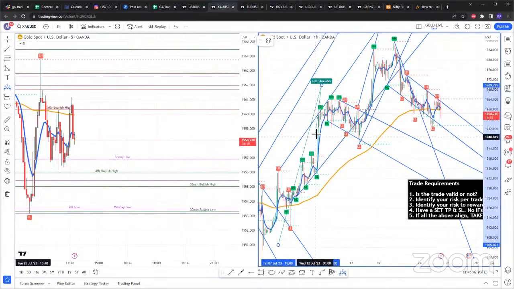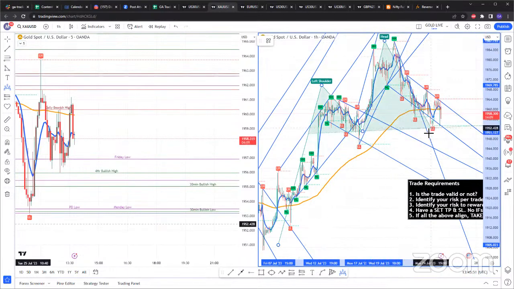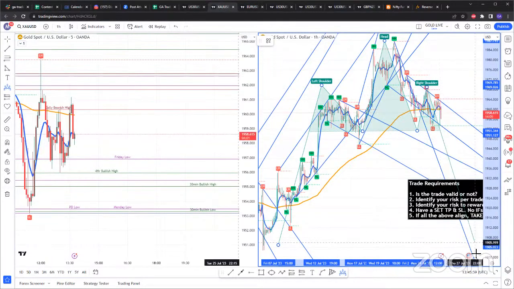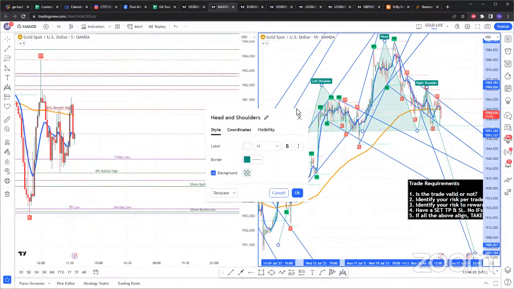Between 1964, neckline is around 1951. So left shoulder, neckline, head all the way to 1987. Then back to the neckline around 1950, 1951, and then right shoulder around 1969. So there's your head and shoulders pattern.